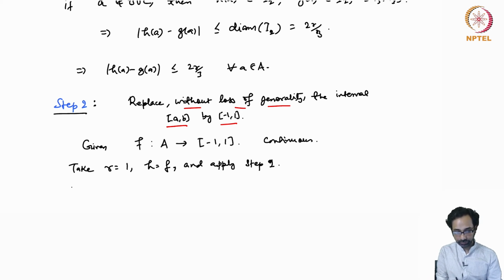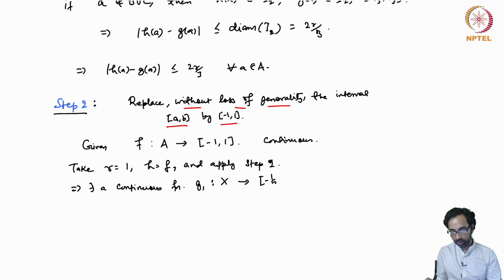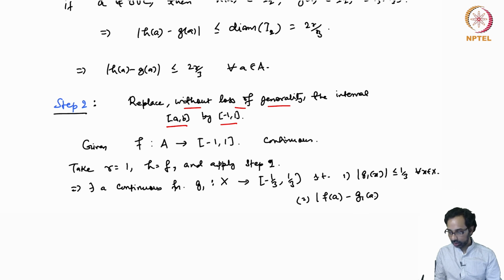This means that there exists a continuous function, which we shall call g1, from X to [-1/3, 1/3], such that the modulus of g1(x) is less than or equal to 1 by 3 for all x in X, and secondly the modulus of f(a) minus g1(a) is less than or equal to 2 by 3 for all a in A. So we are just replacing r by 1 and h by f.